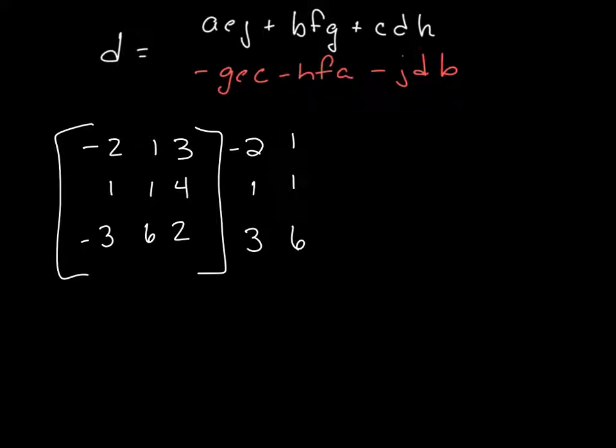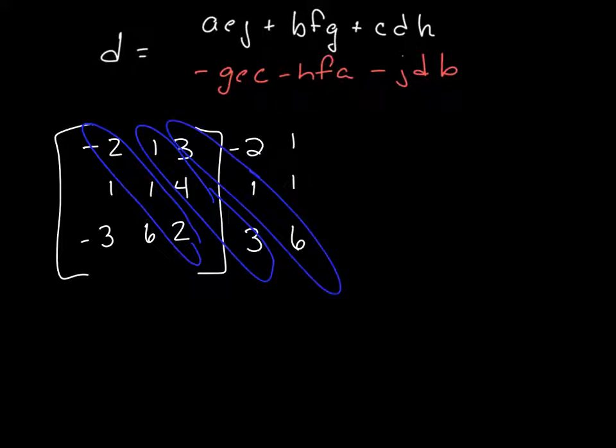So I'm going to go ahead and add going down. 3, once I'm adding going down, is going to be here. 1, 4, and 3, and 3, 1, and 6. So those pieces, if I multiply that up together, that's negative 2 times 1 times 2. I add that together with 1 times 4 times 3, and finally 3 times 1 times 6.